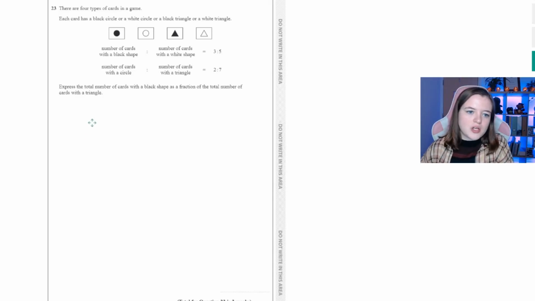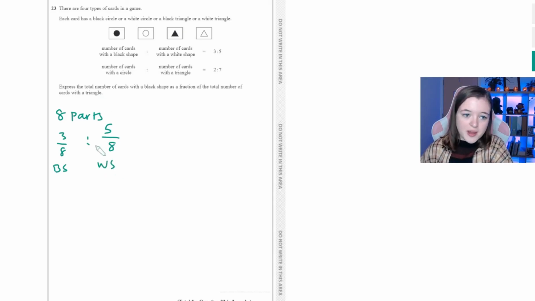So, number of cards with a black shape to number of cards with a white shape, that's 3 to 5. So we've got 8 parts to this first bit. So we've got 3 out of 8, that's cards with a black shape, and 5 out of 8, that's cards with a white shape.